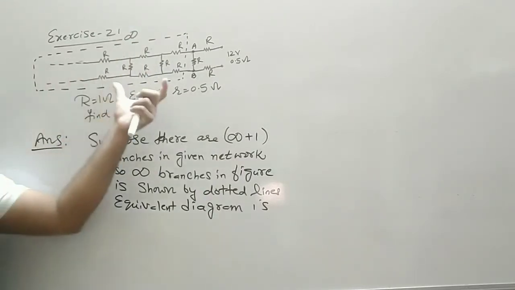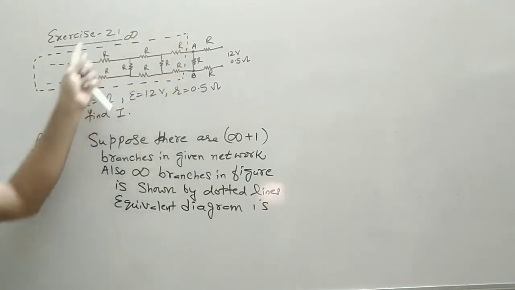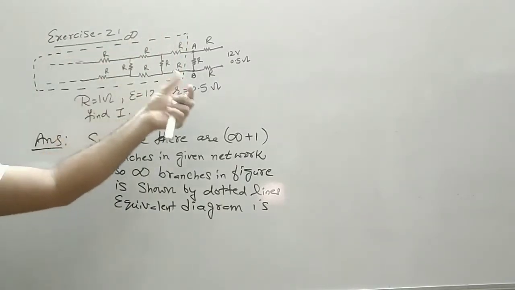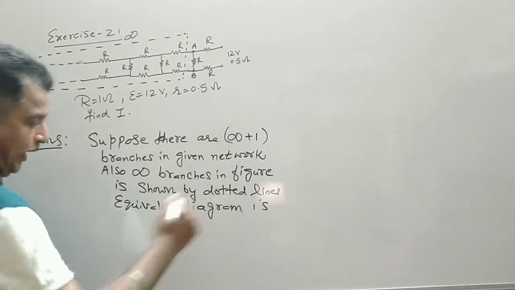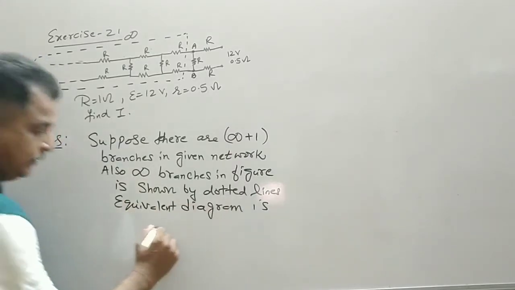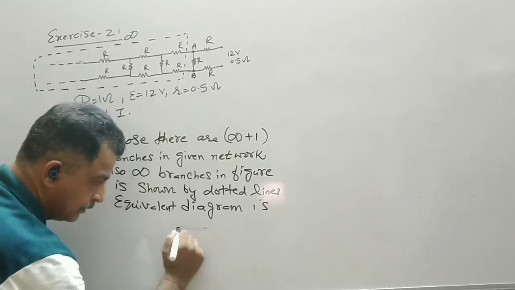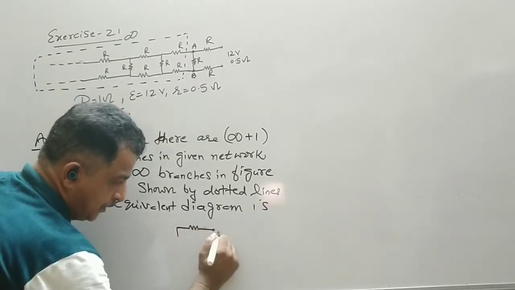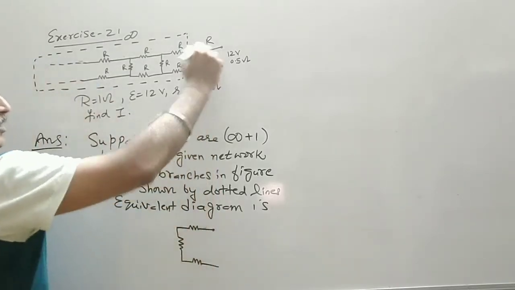Let us say the equivalent resistance of this infinite branch is, say, R1. So the equivalent diagram can be shown as this resistor, this is R, this is R. That is the first branch.